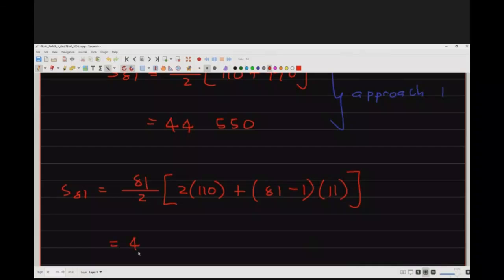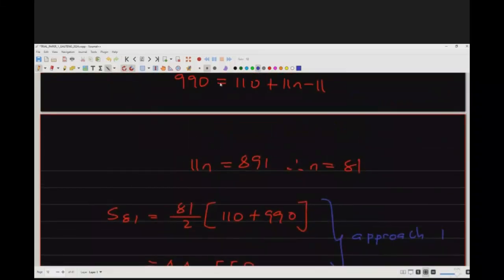And this is for the 44,550. This is approach 2. So you can only choose your approach after finding the number of terms in the sequence, in the series.